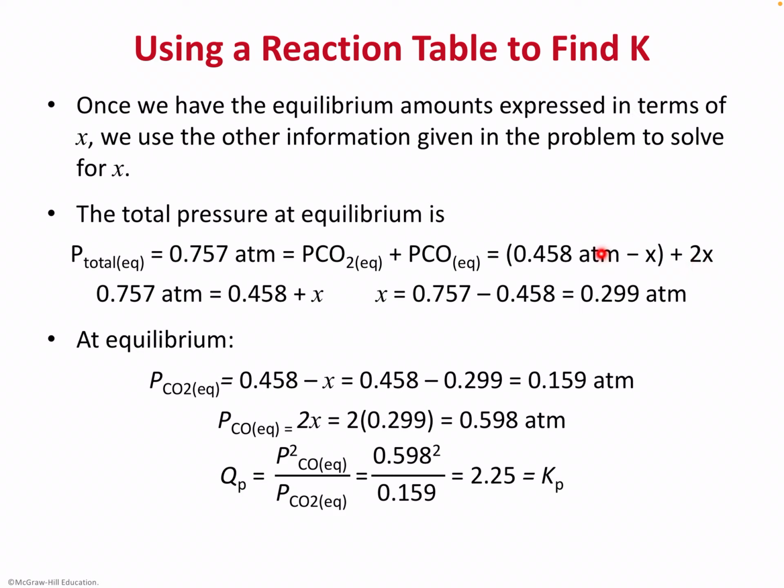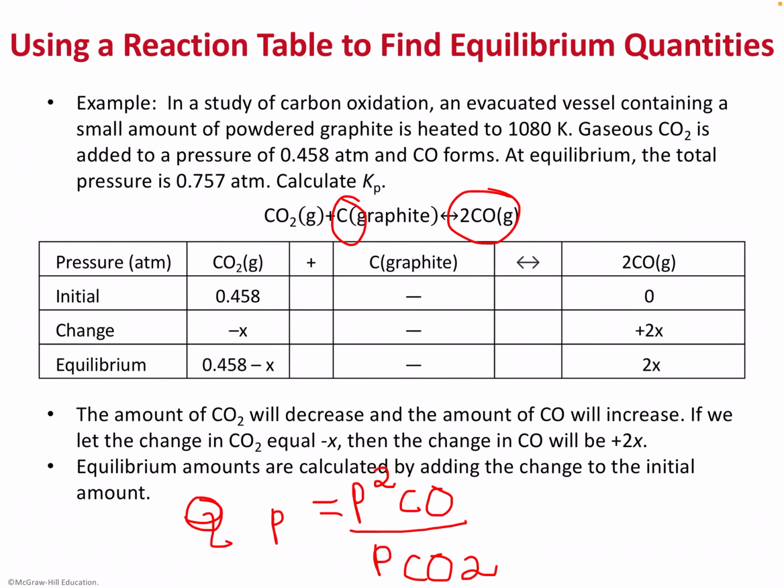When you add these together, you have minus x plus 2x, which gives you plus x. So 0.458 plus x equals 0.757. The x would be 0.757 minus 0.458, which is 0.299 atm. So we found x.